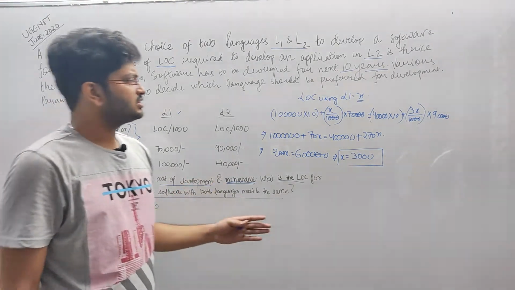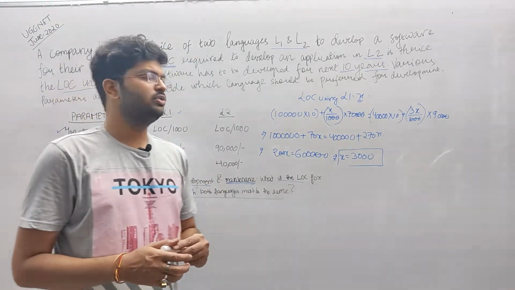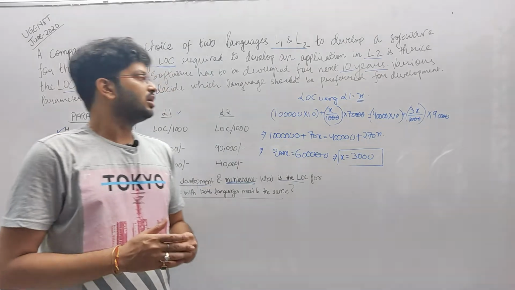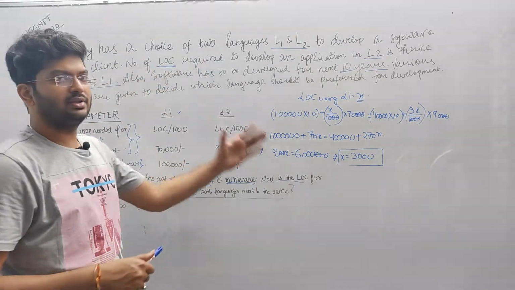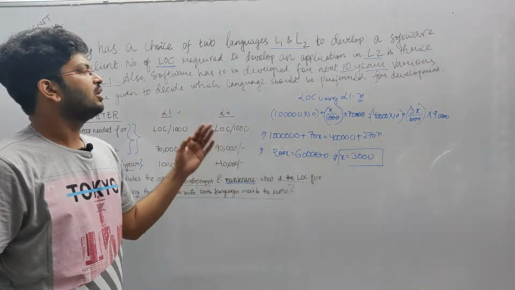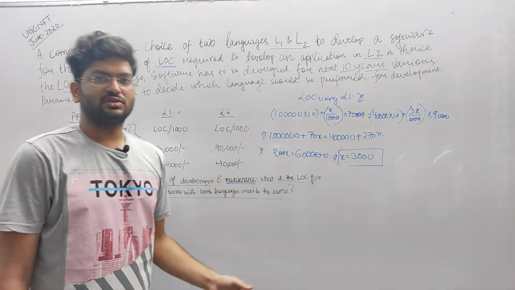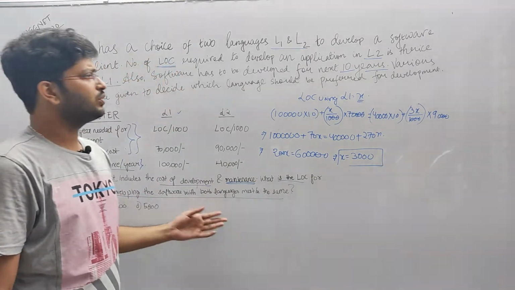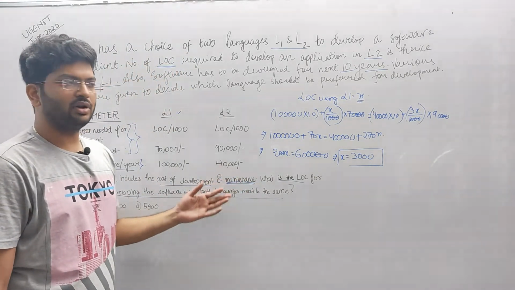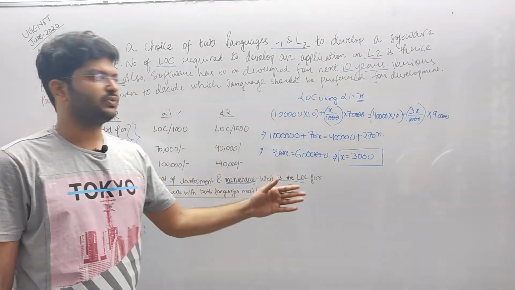This is a simple type of calculation. In software engineering, you will see that the questions are a bit lengthy. The questions may be from cohesion or coupling, or from this type of question, the development cost or effort needed, or a question on a life cycle model or risk analysis, or risk management, or calculating the risk factors.